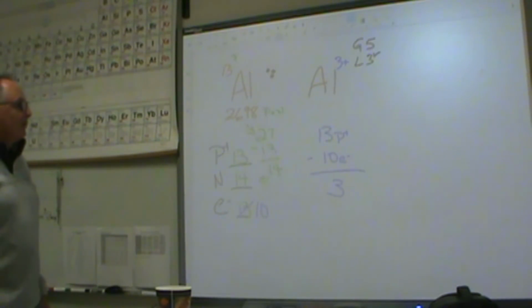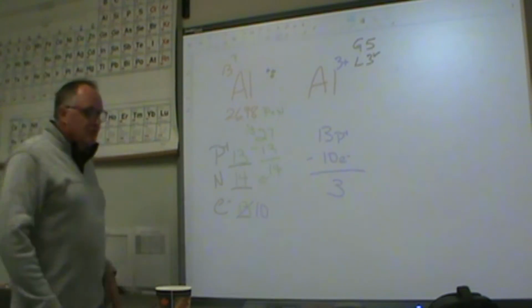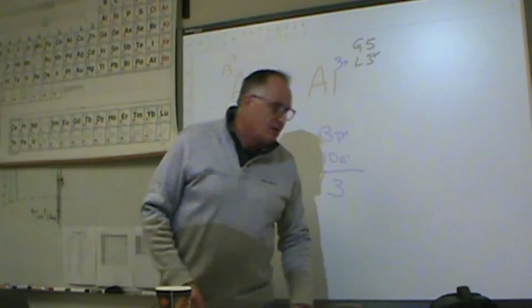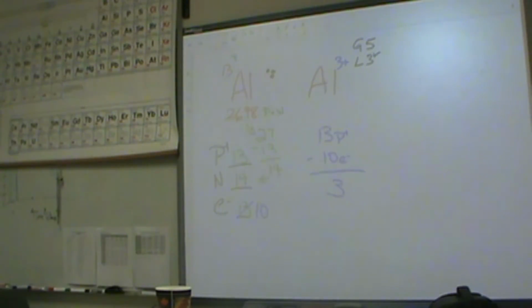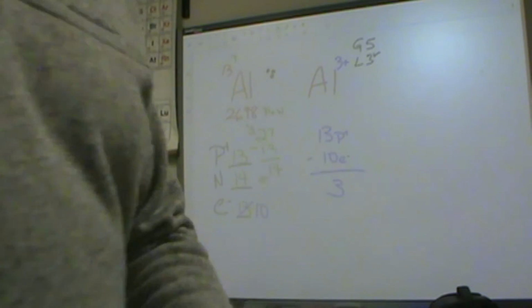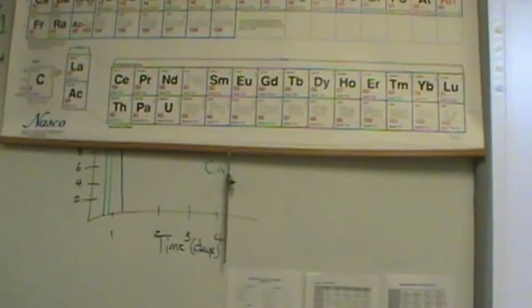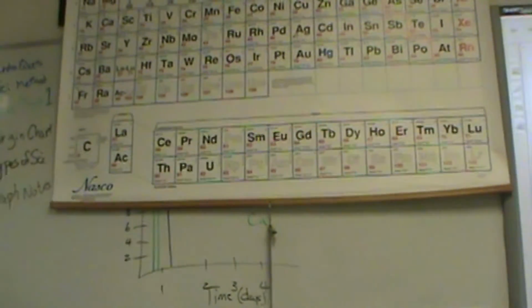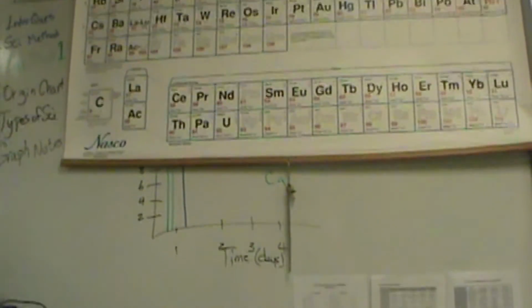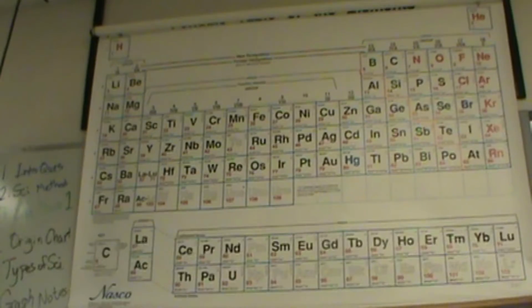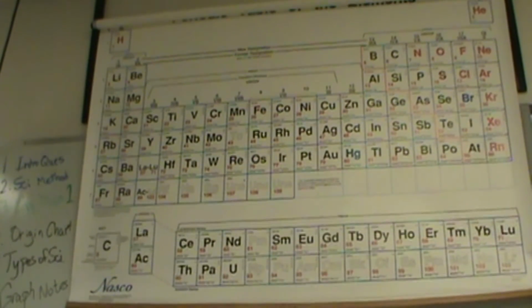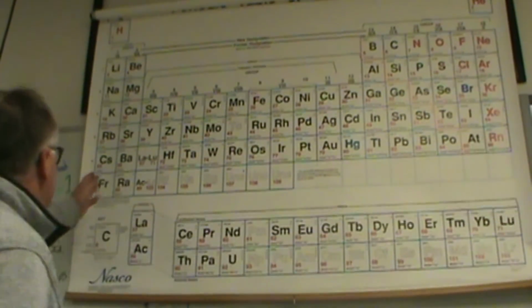That's the ion. Now, they are put in the chart in a way that makes sense, even if it makes it harder to find them because they're not alphabetical. There is a reason that they are put the way that they are. Okay, all of the first column has a valence of 1.